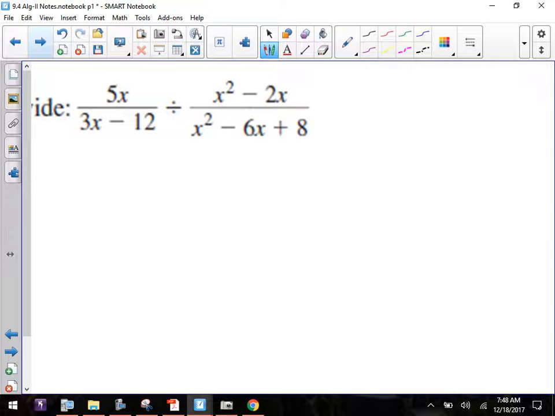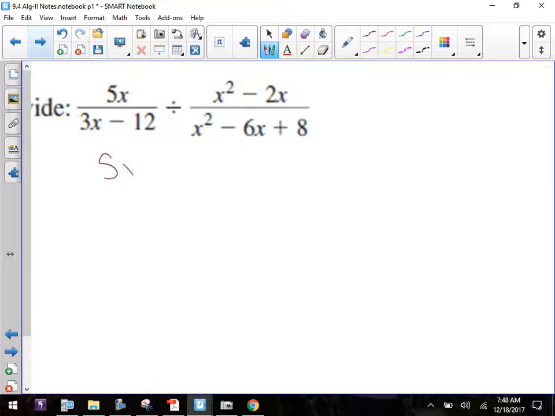Divide. Now, when you're dividing these things, what do you actually have to do? Multiply by the reciprocal. As you write this problem down, write it in terms of factoring, and remember to flip the fraction on the second one right away. Doing that ahead of time saves you a minute or so, and it's pretty quick.